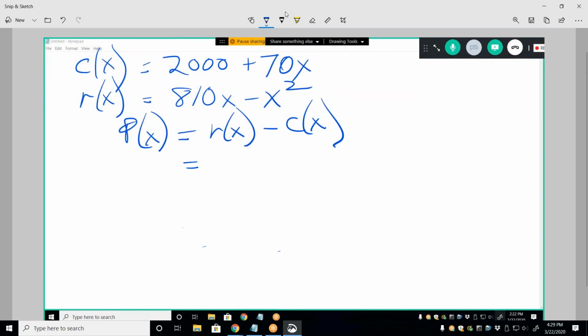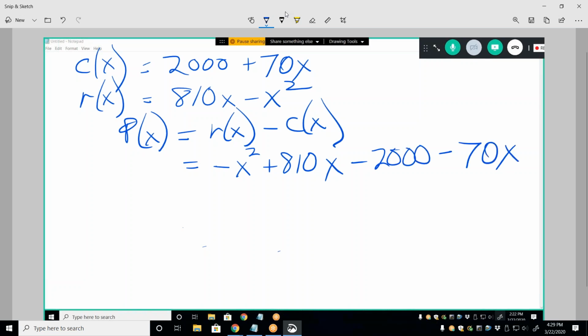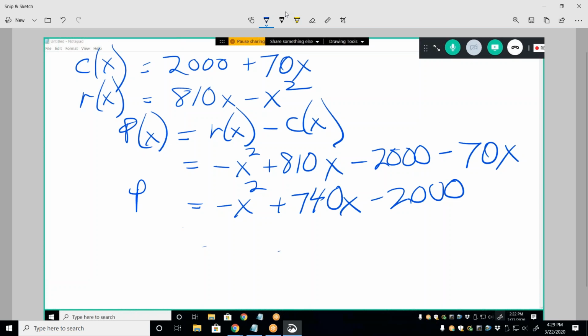So it's minus X squared plus 810X, that's the revenue, minus the cost, 2000, minus 70X. Now if I simplify that, I get minus X squared plus 740X minus 2000. That is my profit function.